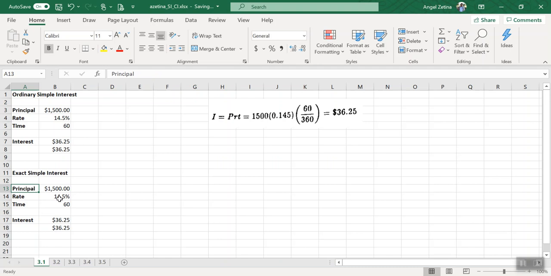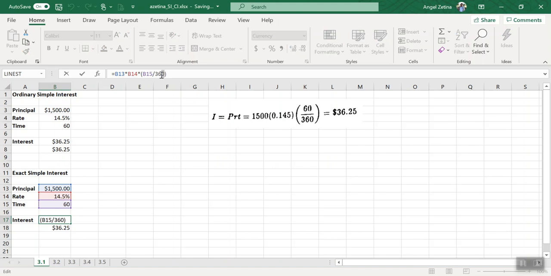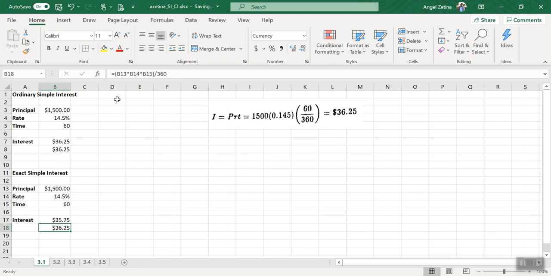The principal, the rate, and the time remain the same. The only thing that is different here is that we're going to change how we compute the actual interest rate. So we divide by 365 here and then hit equals. Similarly here, we just need to change this to 365 and then hit equals. You're going to now get the exact simple interest.